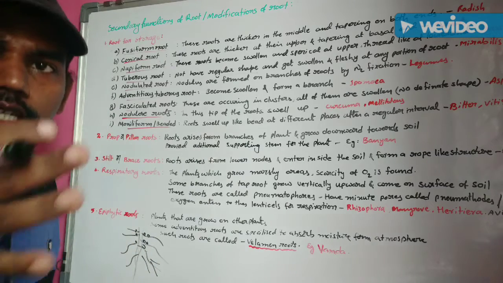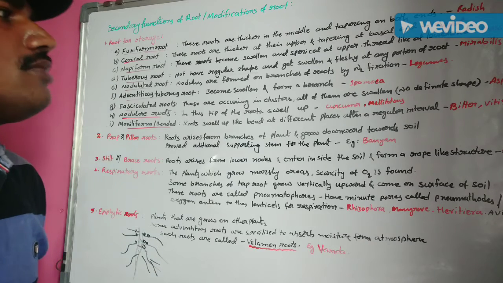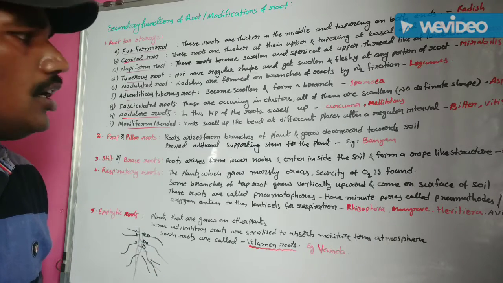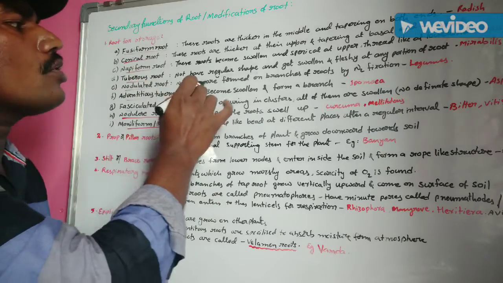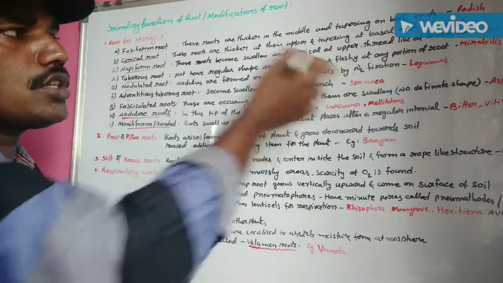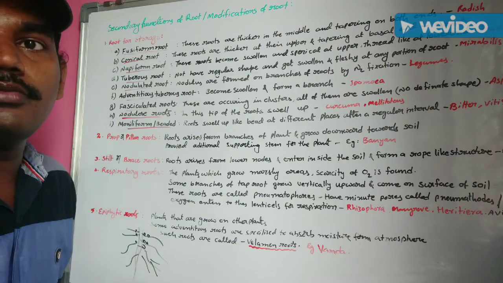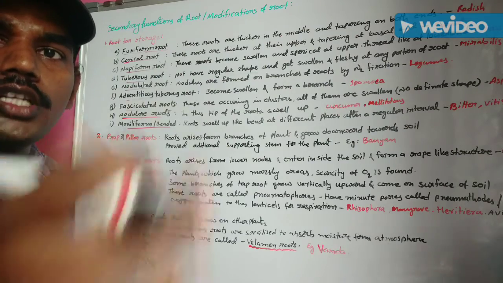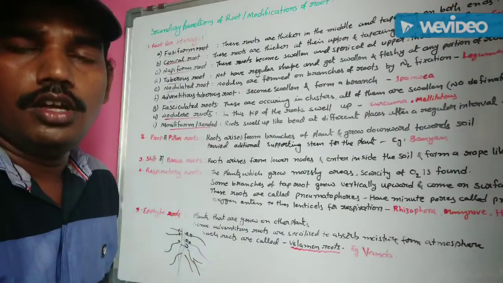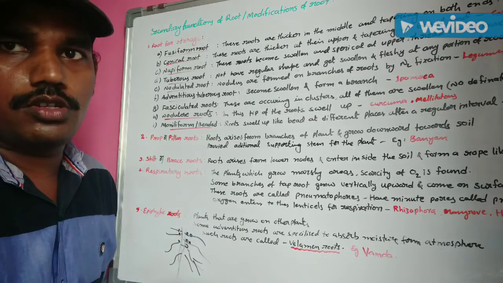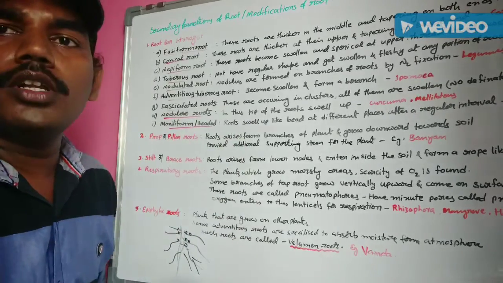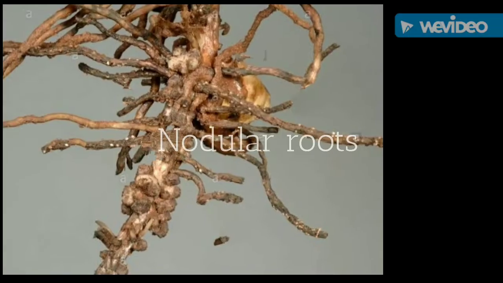There are some nitrogen-fixing bacteria. So nodular roots are formed on branches of root by nitrogen fixation. We will discuss these nodulated roots especially. The best example is legumes.